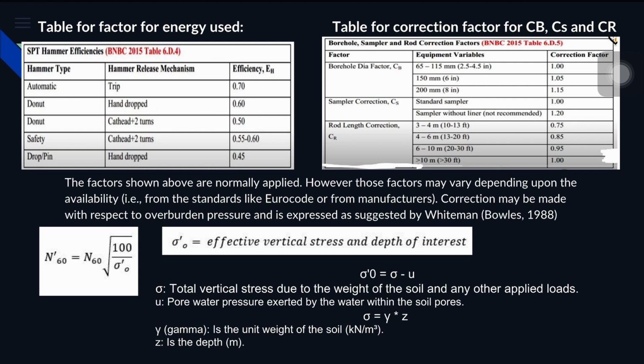The effective vertical stress we can get by sigma minus pore water pressure, where sigma stands for total vertical stress due to weight of the soil, and u stands for pore water pressure exerted by the water within the soil pores. Sigma we also can get by gamma multiplied by z, where gamma stands for unit weight and z stands for the depth.